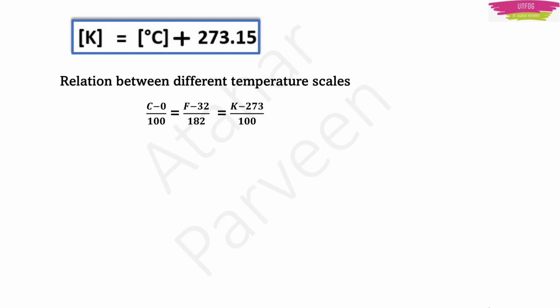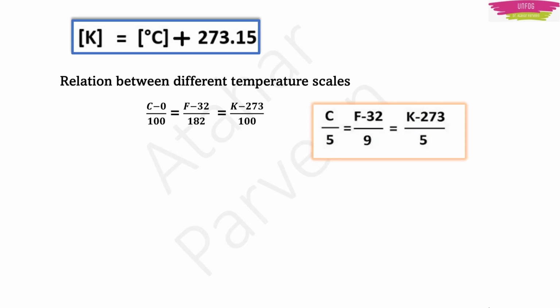and you will have one simple relation which you can use as a short trick in the examination. If you approximate the denominator of the middle term, that is 182, you can write it as 180, right? Now if you cancel all the three denominators with 2, you will get 50, 91 and 50, right?